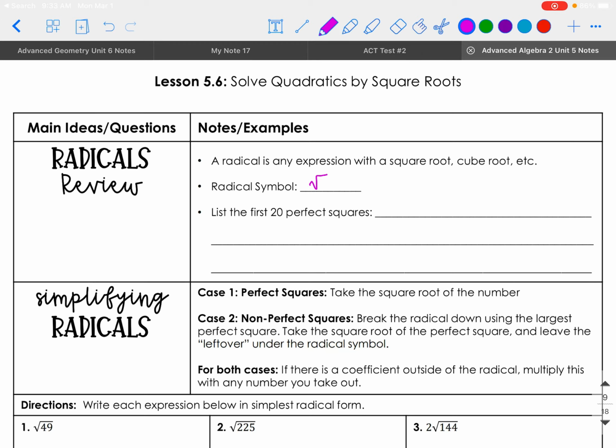Now you need to know the perfect squares for this. You need to have a list of them somewhere to be able to identify them.